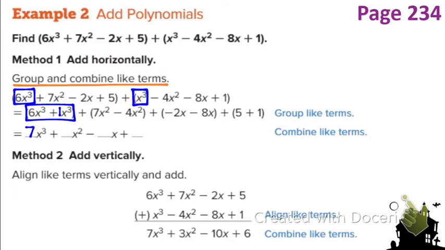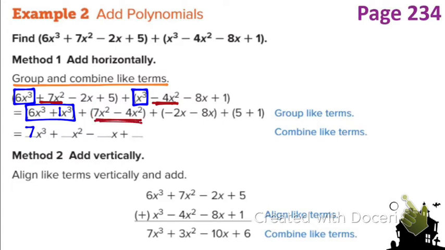In my very first polynomial here, we already dealt with the first term. What's the second term? 7x squared. Does it have a like term in the next polynomial? Yeah, negative 4x squared. So we're going to group those together. I've got a positive 7 and a negative 4.